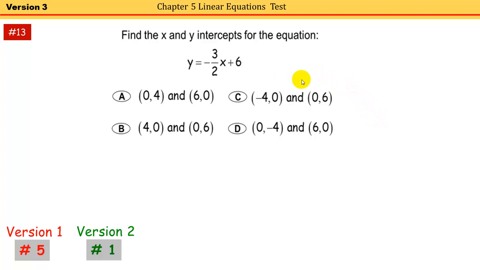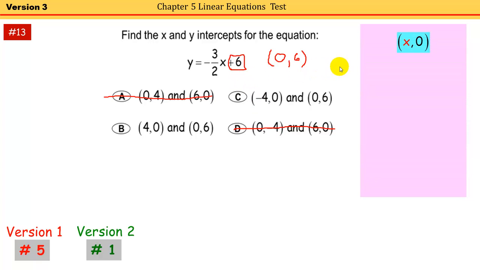Number 13, find both the x and y intercepts. Well, very simple. My y-intercept is right here. That's just saying that that's where x is 0. What's my y? That's where it crosses the y-axis. So as we see that, we can basically cross out A, B's okay, C's okay, and cross out D. Next, I want to know what's my x-intercept.